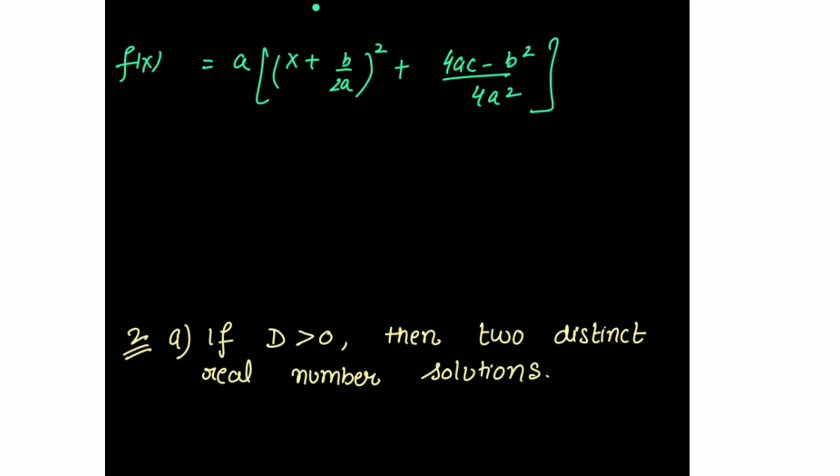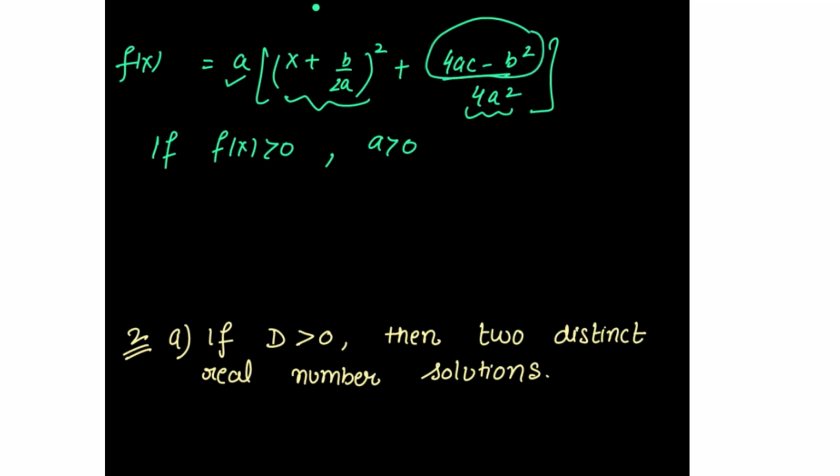This implies that if f(x) is positive, then a should be positive. The square is already non-negative, fine, and 4a² is also positive, but the numerator should also be positive.